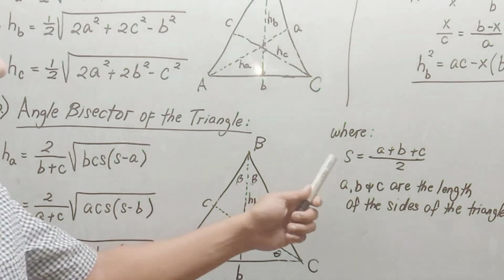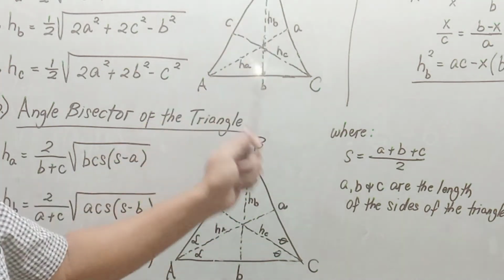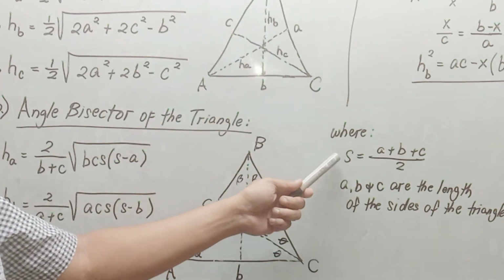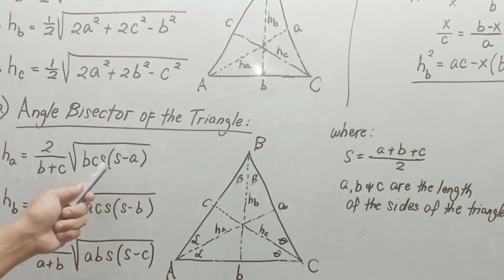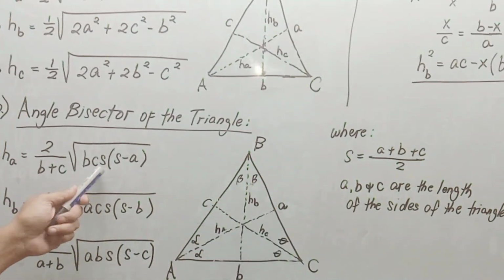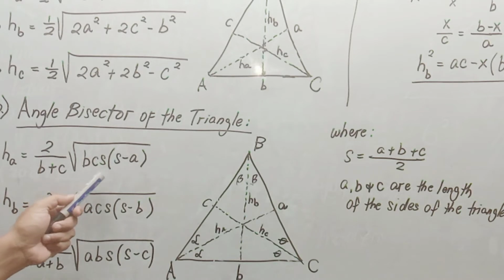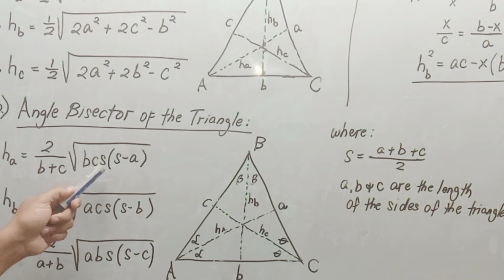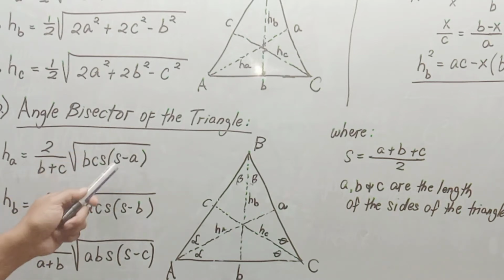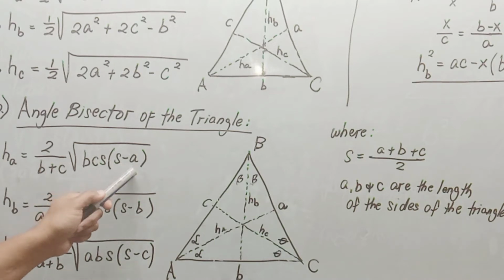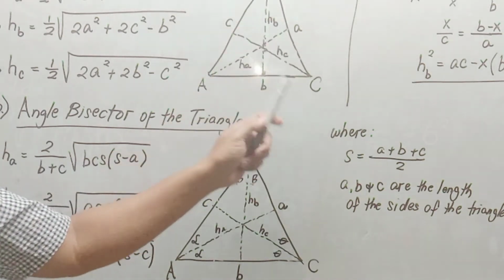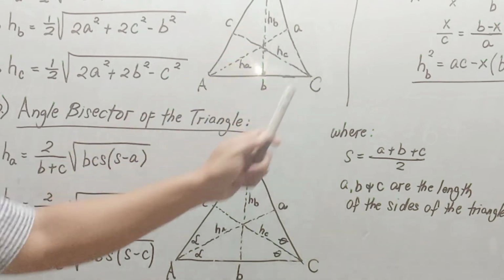So once you know all three sides, you can find the semi-perimeter, or the s value, and substitute here. So the product of the three variables b, c, and s, times the semi-perimeter minus the side a.